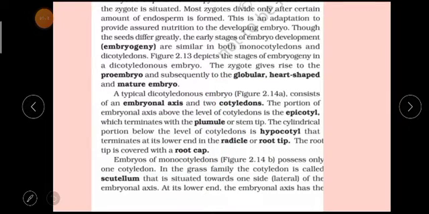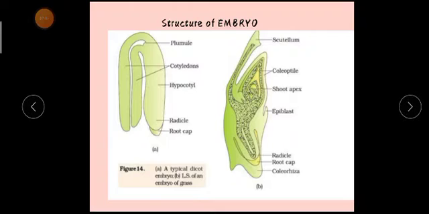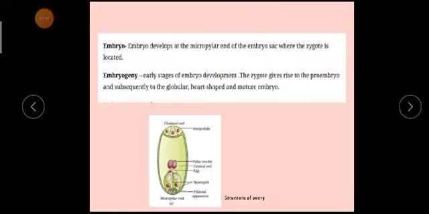The portion of the embryonal axis above the level of the cotyledons is your epicotyl. The portion of the embryonal axis just above those cotyledons is your epicotyl. Above is the epicotyl, and the hypocotyl will be below. Okay, students?